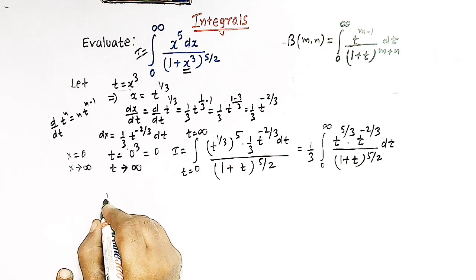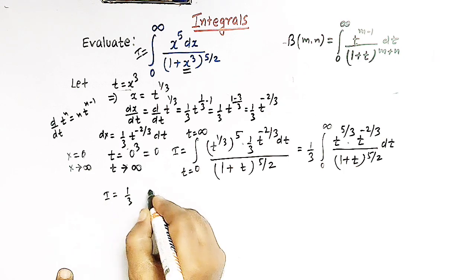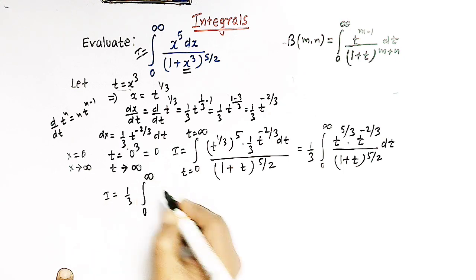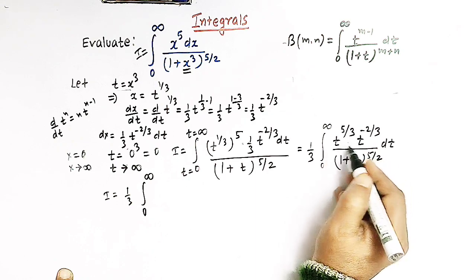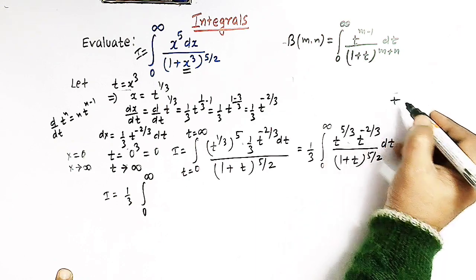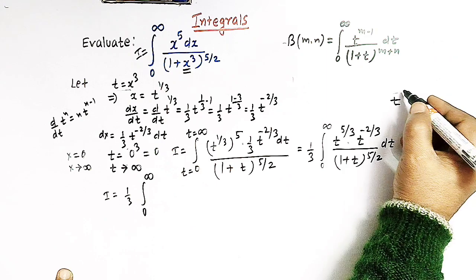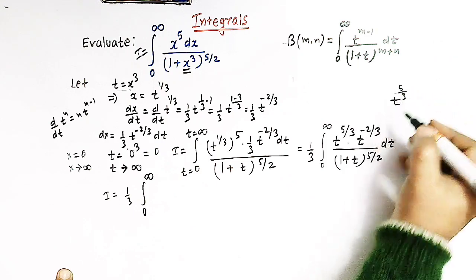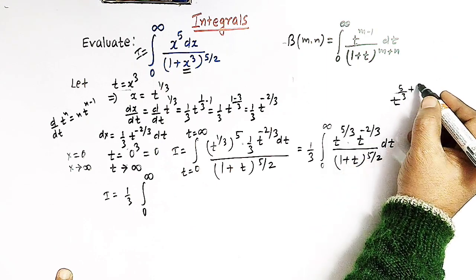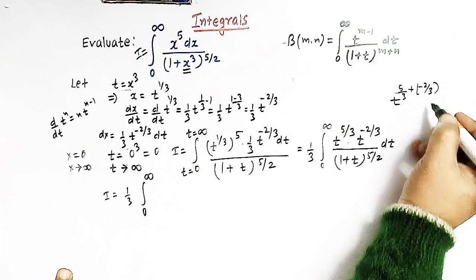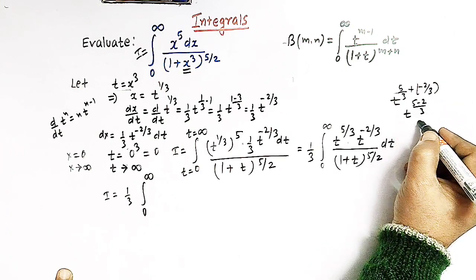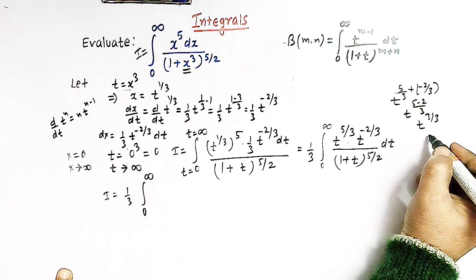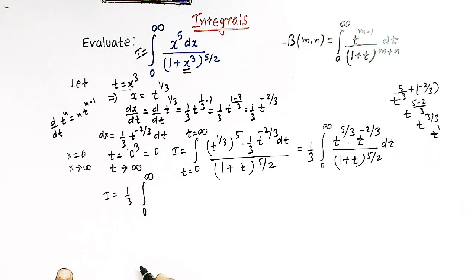So now we can write I is equal to 1 over 3 times the integral from 0 to infinity, and here we can apply the laws of exponents. So here the base is the same, so we can add the powers. So we have 5 over 3 plus minus 2 over 3, that is 5 minus 2 over 3, that is 3 over 3, and that is t raised to 1.